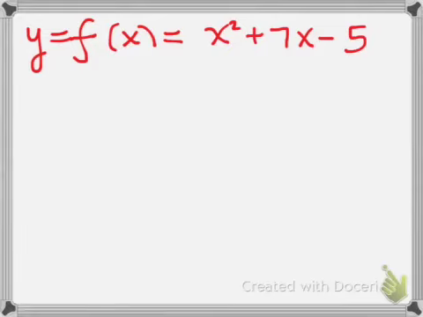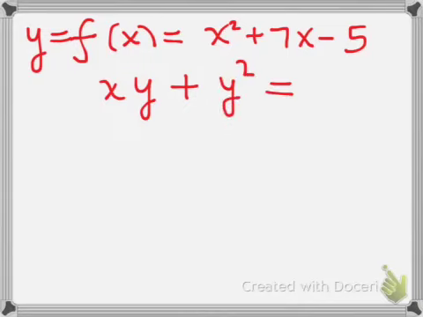So a function or a relation or a graph could be in a complicated form, not as nice as this quadratic function. So suppose something different is given. Let's say xy plus y squared equals, let's say, 5. Something like this is given.